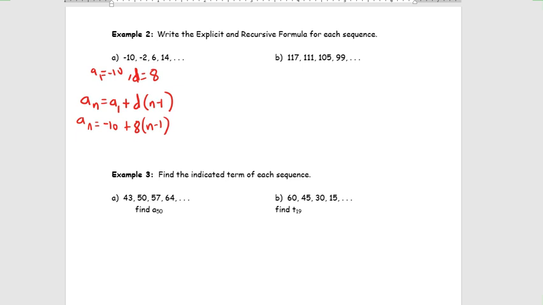We need to simplify it. So a sub n equals negative 10 plus 8n when we distribute minus 8. Then we just need to combine the negative 10 and the negative 8. So that would give us a sub n equals 8n minus 18.